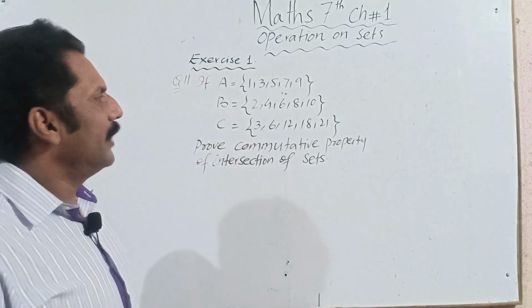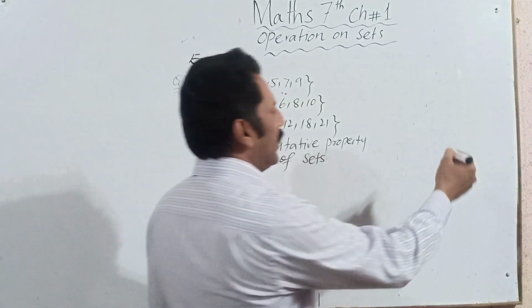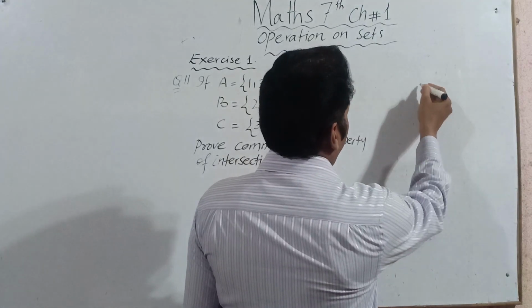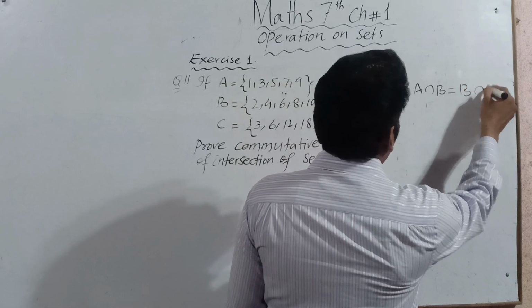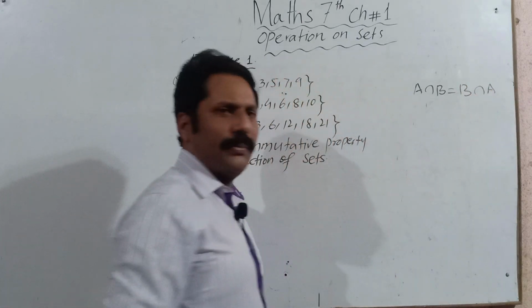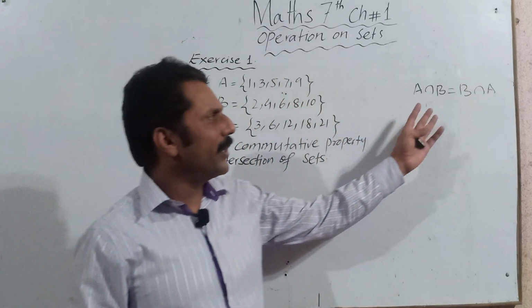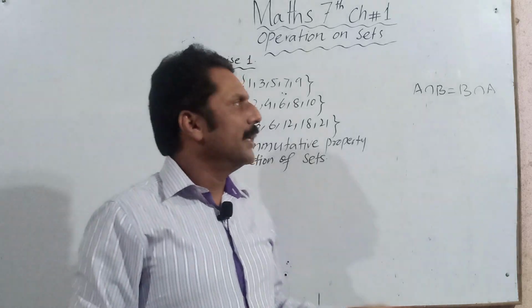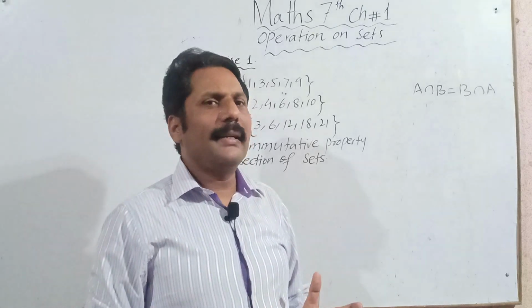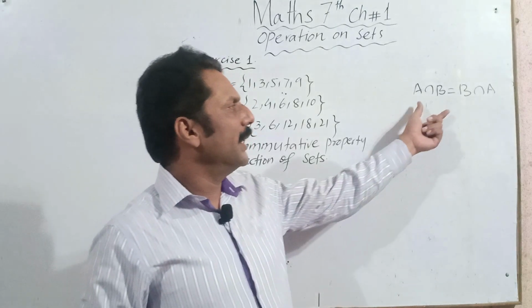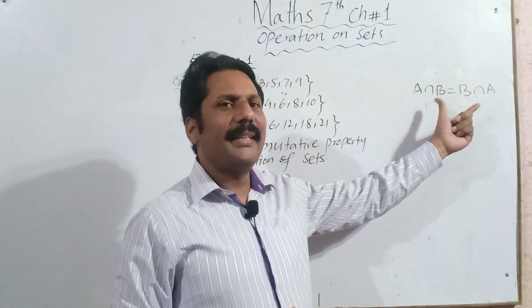I would like to tell you that if we say A intersection B equal to B intersection A, then this is called the commutative property of intersection of two sets. Simply, if we change the place of two sets, then the result remains the same.